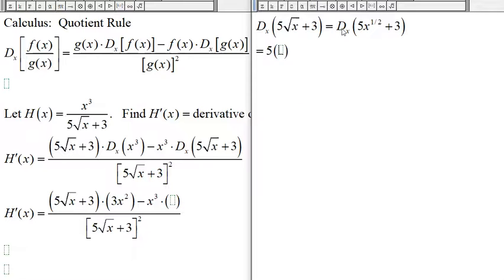So this is 5 times the derivative of x to the 1/2. And the derivative of x to the 1/2, using the power rule, would be 1/2 times x. So we bring the exponent to the front, and then it'll be exponent minus 1. So 1/2 minus 1 is negative 1/2.